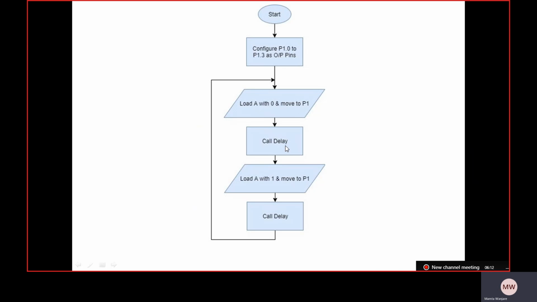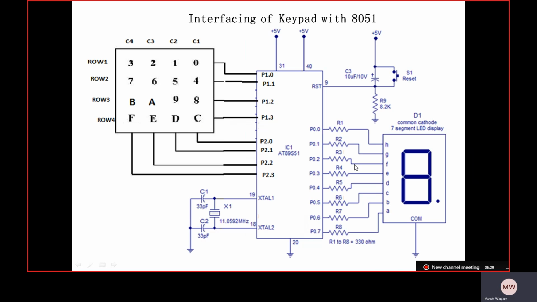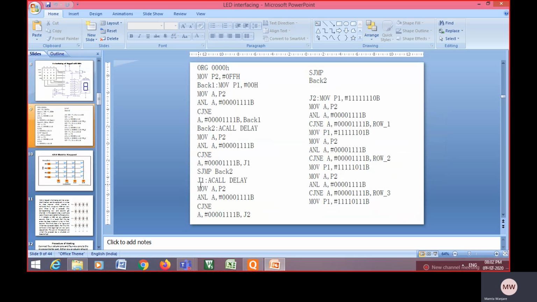Then call some delay, and after the delay load the accumulator again with 1, that is logic 1, and move to port 1, and again call delay, and you have to loop in that. And that is the end of the program.